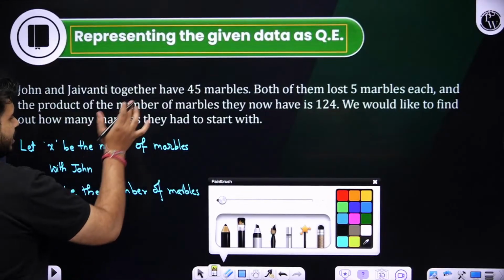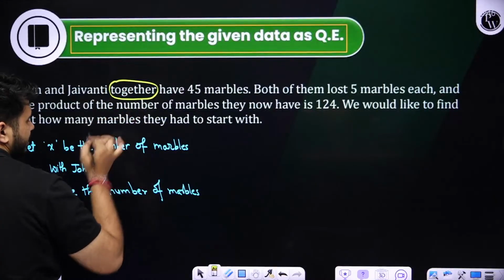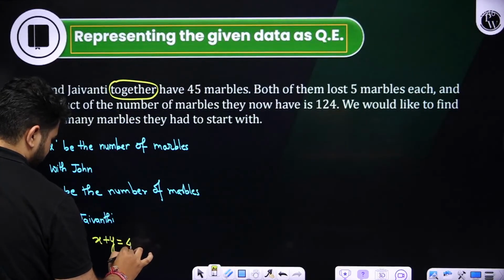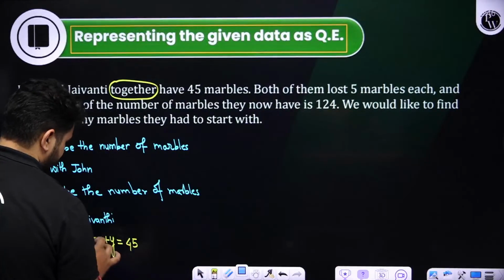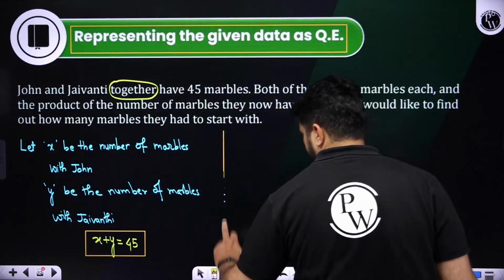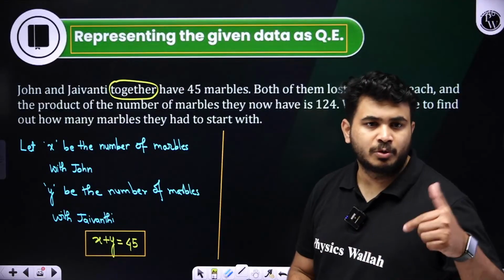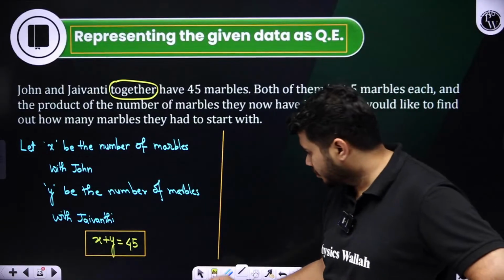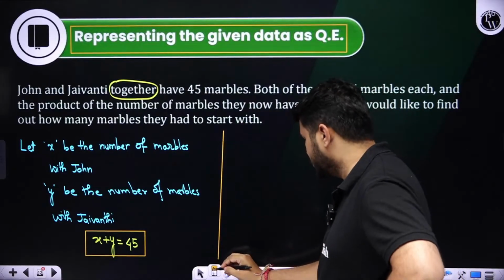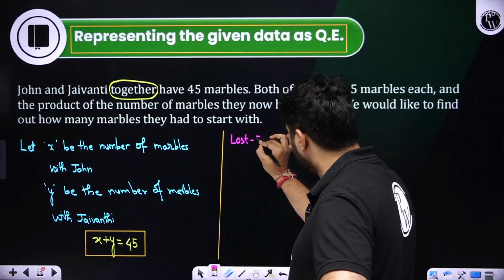Now from here, students, they are telling that together they have how many marbles? 45 marbles. So x plus y is equals to 45. Next, they are telling that both of them lost 5 marbles each.